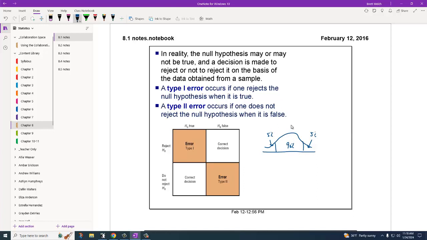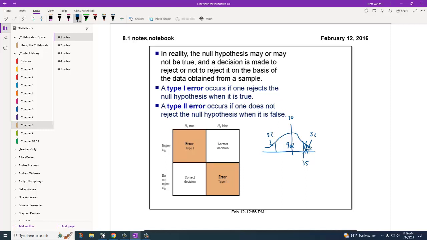If I think the mean is, say, 30, and say this cut value is something like 35, it's possible that I would get a sample, and my sample would have a mean of 36. If it's over here in this region, I would reject the null hypothesis, say the average can't be 30 because I'm way out here on the extreme end.